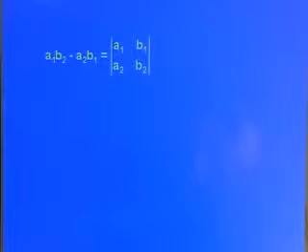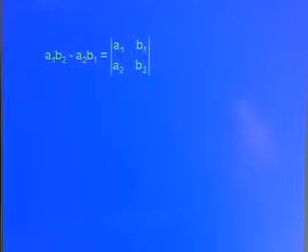Now we try to represent the expression a1 b2 minus a2 b1 in this form, and on the right hand side what I have written is called a determinant, consisting of the matrix with a1 b1 in the first row and a2 b2 in the second row. This is enclosed by a pair of vertical lines. We call this a determinant.